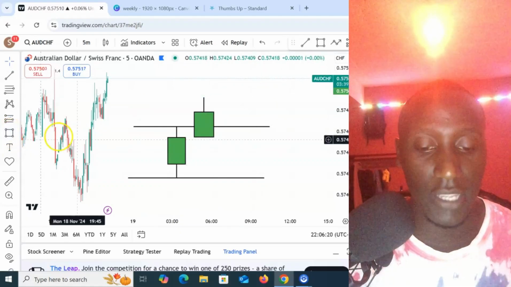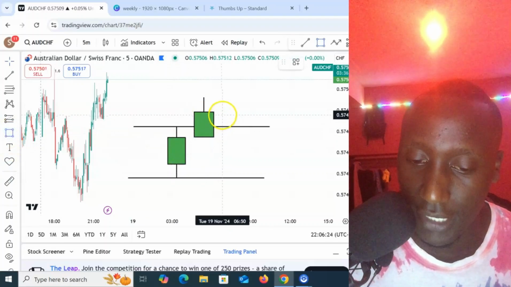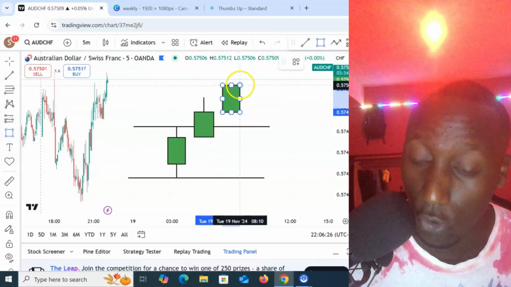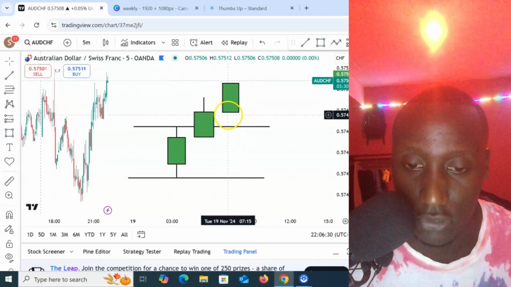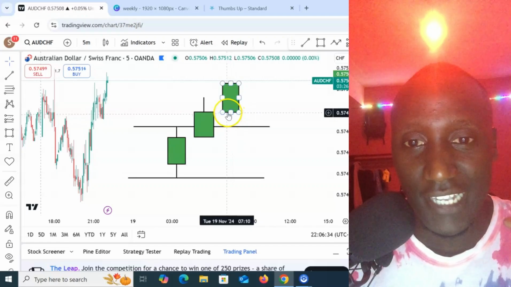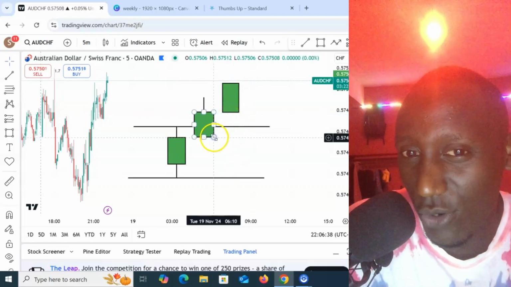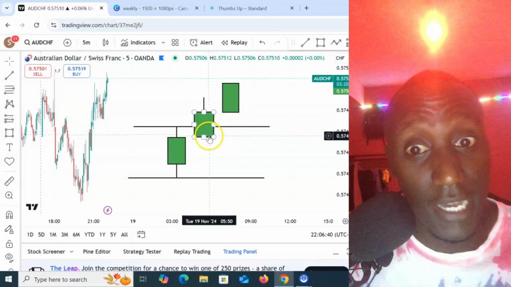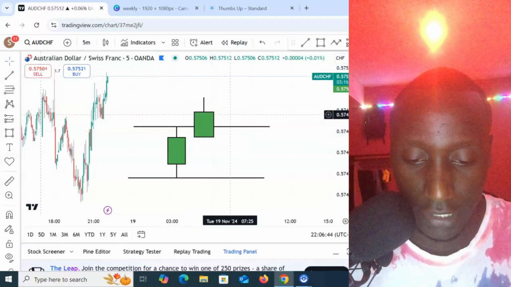And so if this is Monday and this is Tuesday, then on Wednesday, you would be looking for an opportunity to buy in the direction of the breakout. Now, if you know where the whole day is going, then you already know whether to buy or sell. And it's that simple. Now, let's talk about the failed breakout.